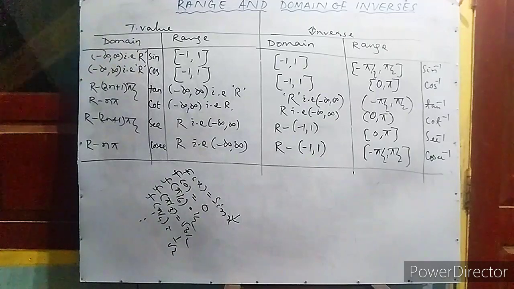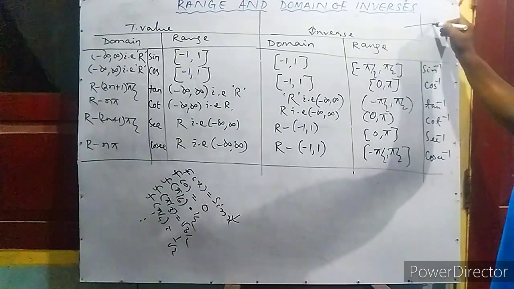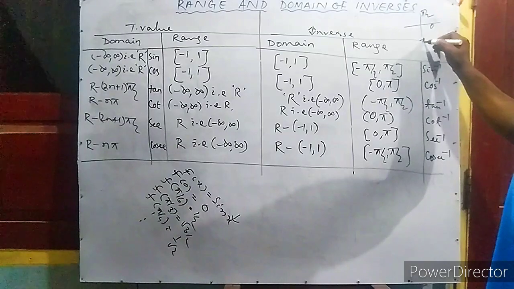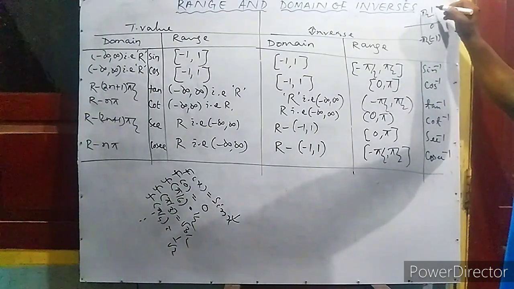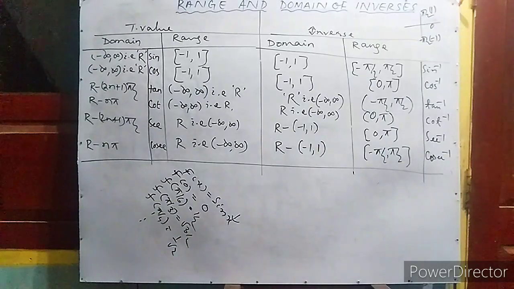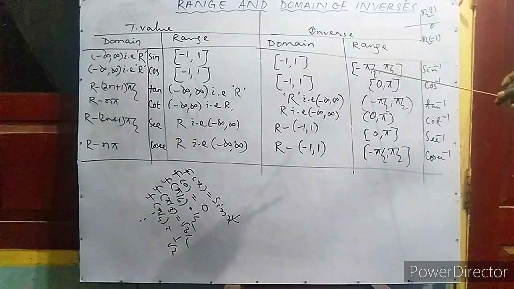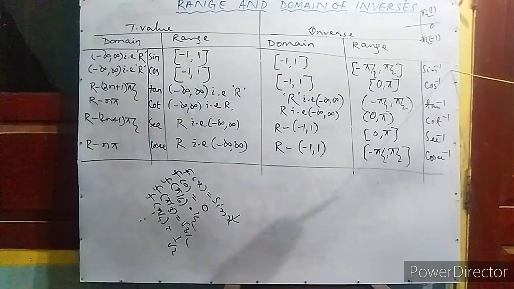Now in a circle, this is 0 degree, this is pi by 2, and this is minus pi by 2. Here we get minus 1, here we get plus 1. So here the range is minus pi by 2 to plus pi by 2. This is the range of sin inverse x.